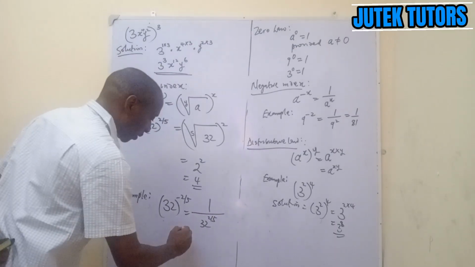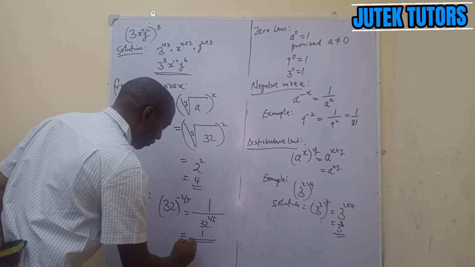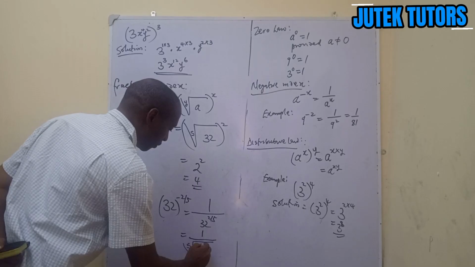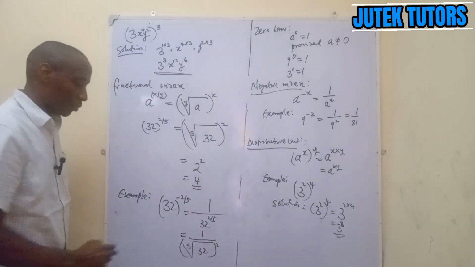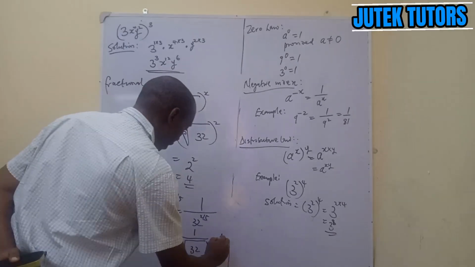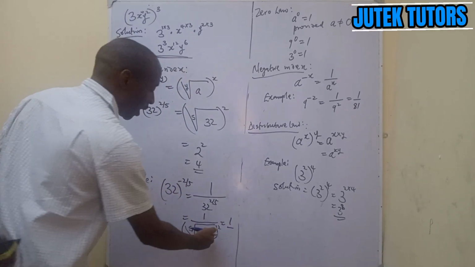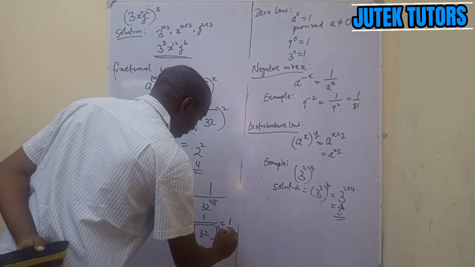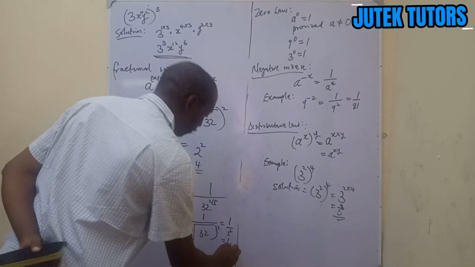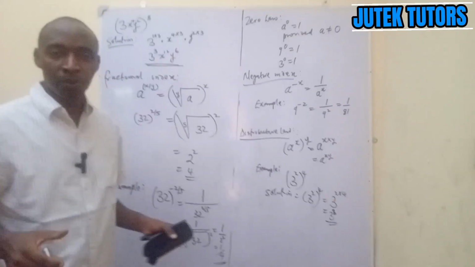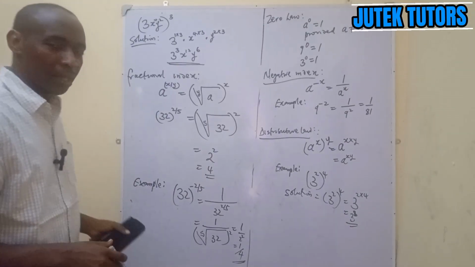So the next thing you do, you say 1 all over the fifth root of 32 raised to the power of 2. Finally, because the fifth root of 32 is 2, and 2 raised to the power of 2 is 4, you have 1 all over 4.